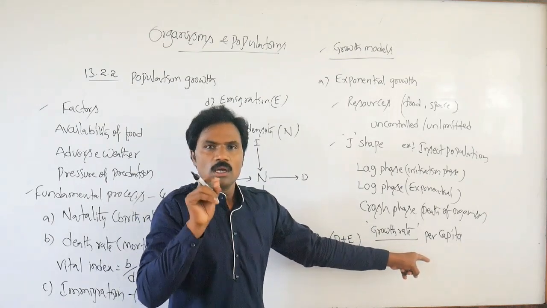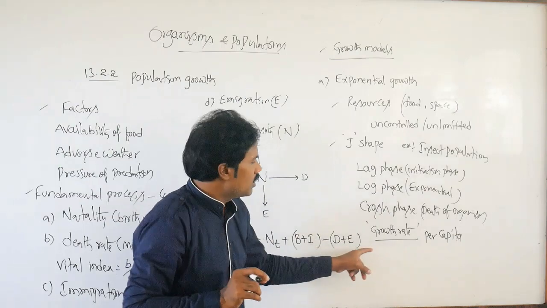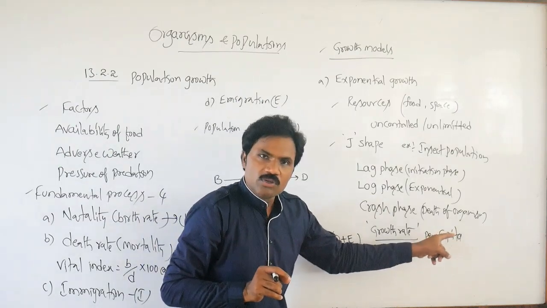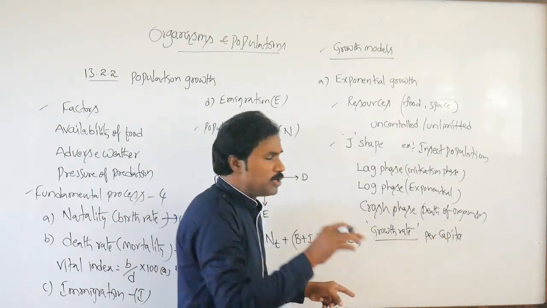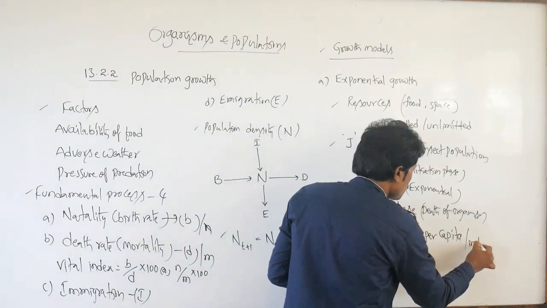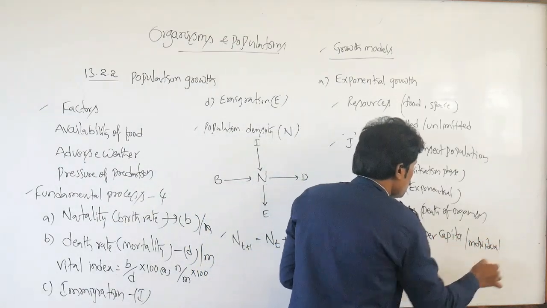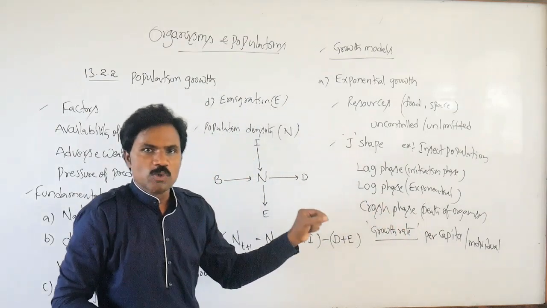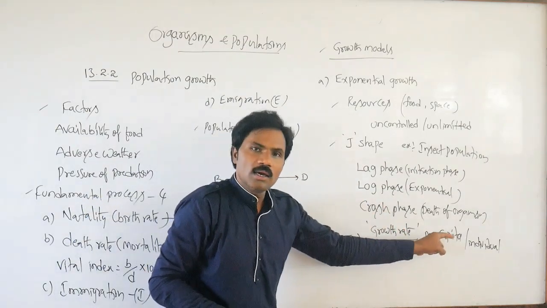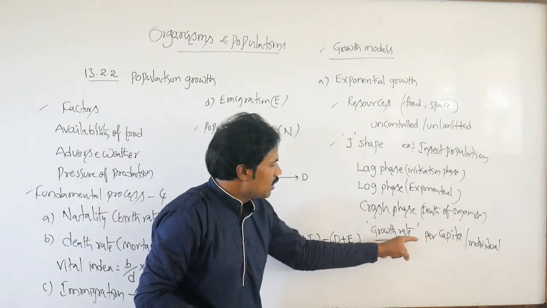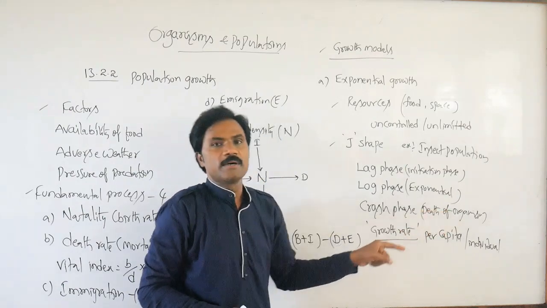It represents an individual organism. The growth rate represents per capita, that means per individual. That's why here we have written per capita.